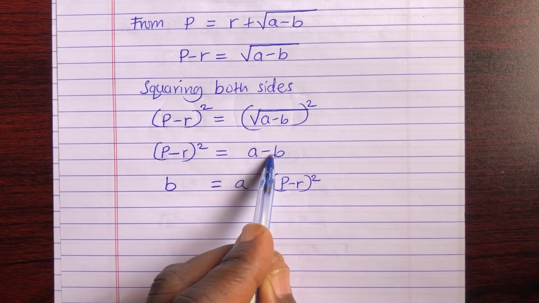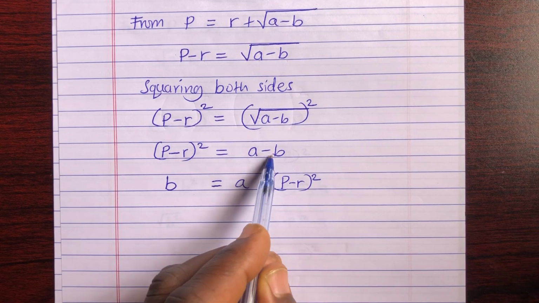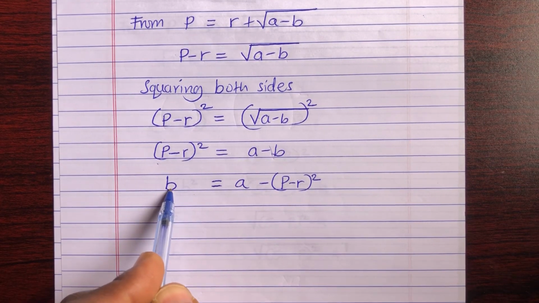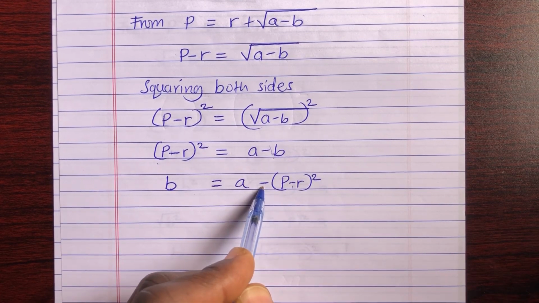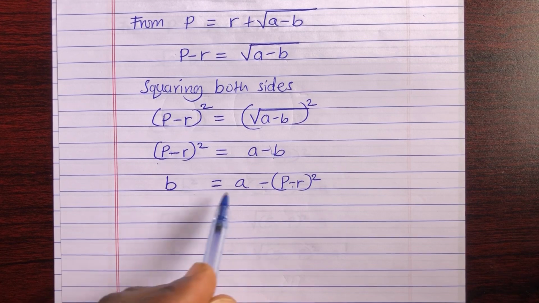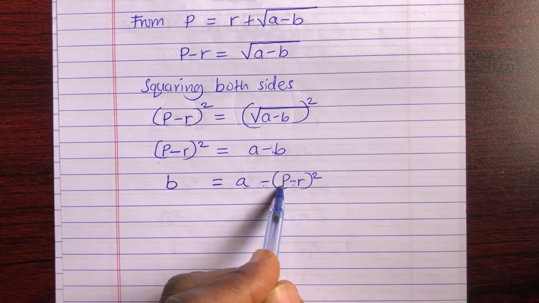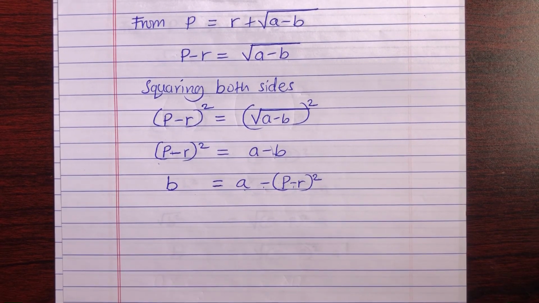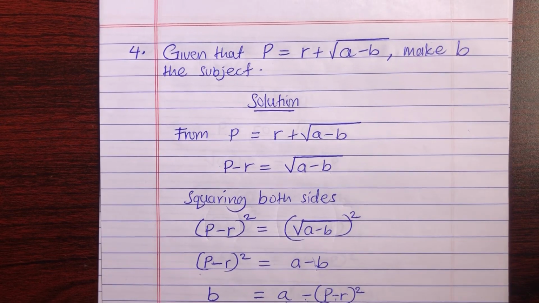Since we want B as the subject of the formula, B crosses to come this side and it becomes a positive. Then this one crosses on the other side and it becomes a negative. So that we end up with B equaling to A minus the bracket of P minus R squared. So that is how we are making B the subject in this case.